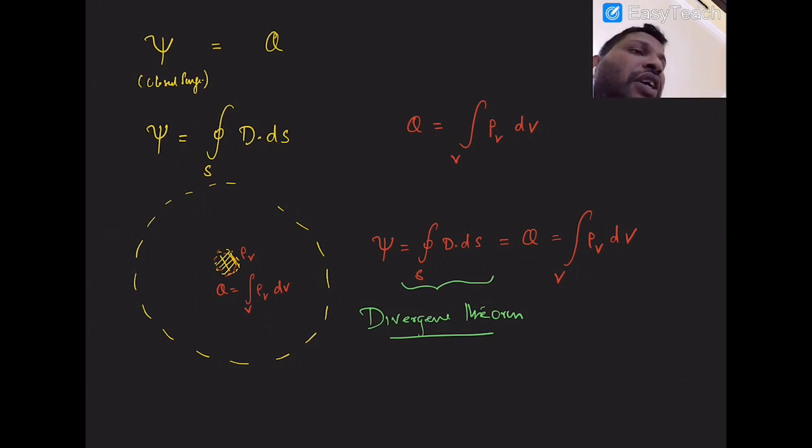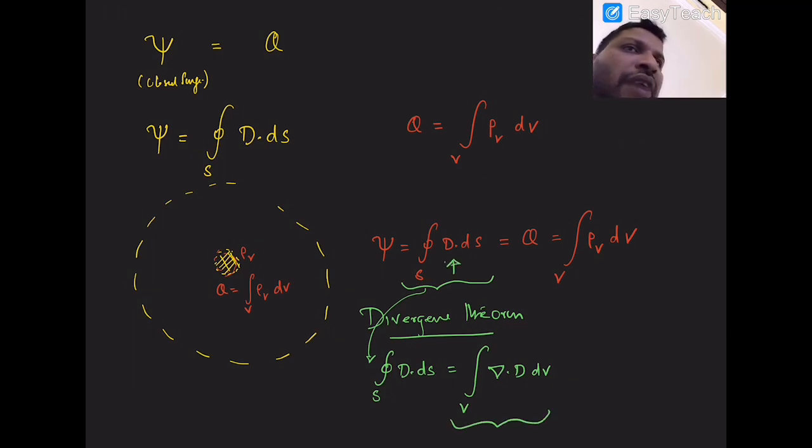So the divergence theorem will connect the surface integral with the volume integral. So the integral of D dot dS over the closed surface will be equal to the volume integral of the divergence of D, dV. Now I will replace this term here with this one. So this will be equal to the volume integral of del dot D dV.